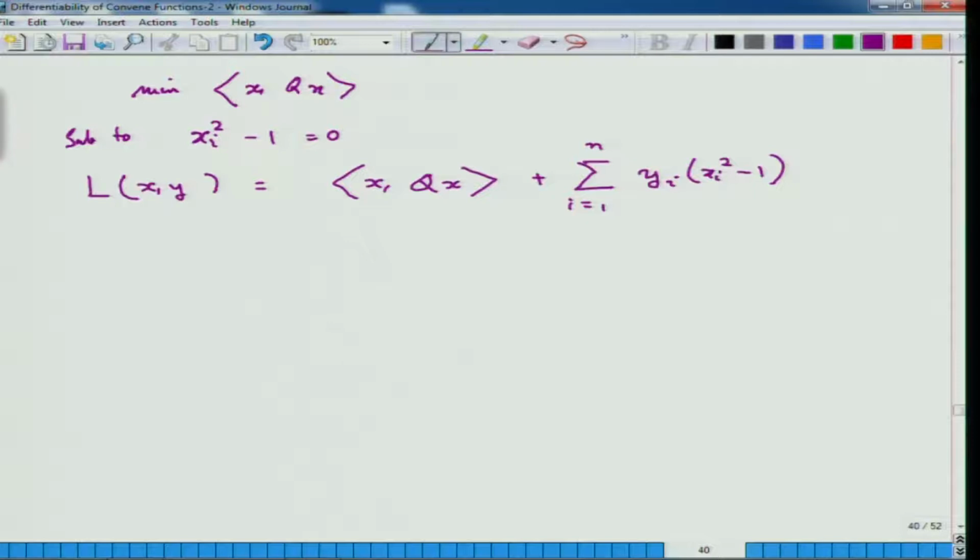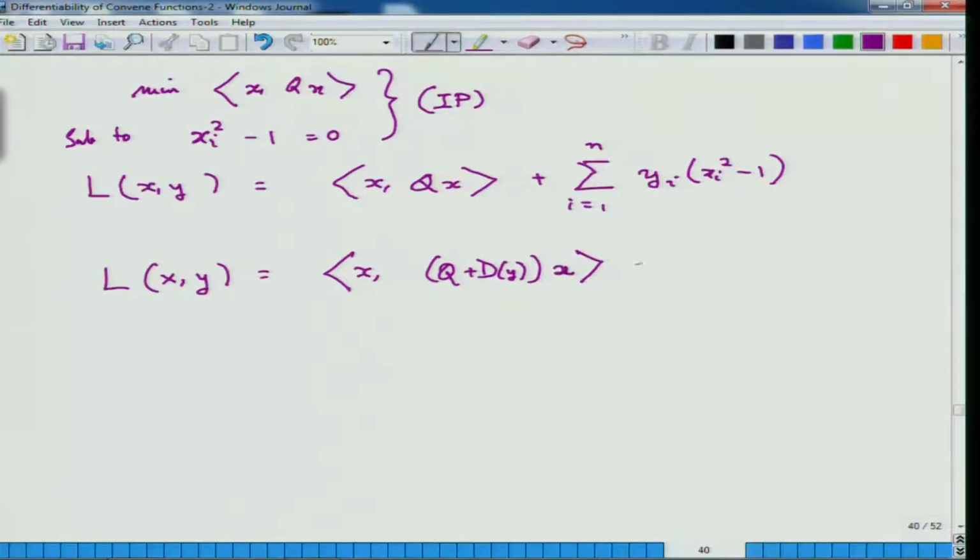Now, I can write down the Lagrangian function in a much more compact way, as follows. L(x,y) can be written as, so this is my IP problem, integer programming problem, where Dy is the diagonal matrix.